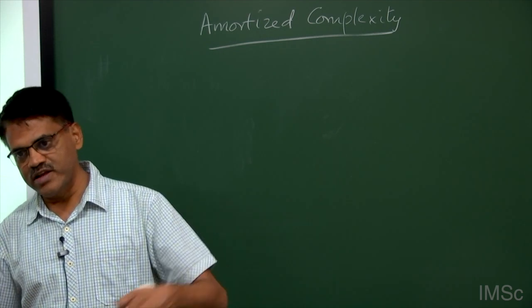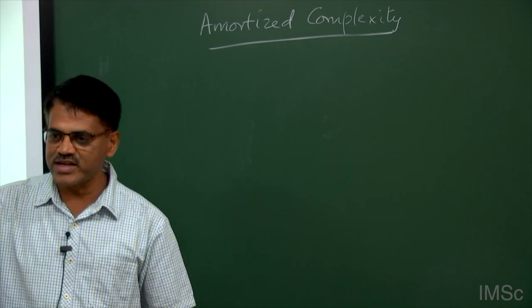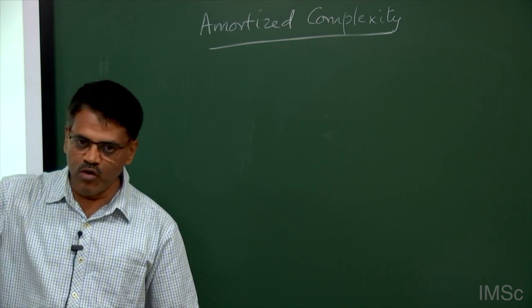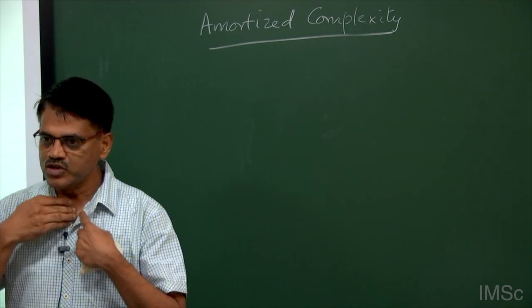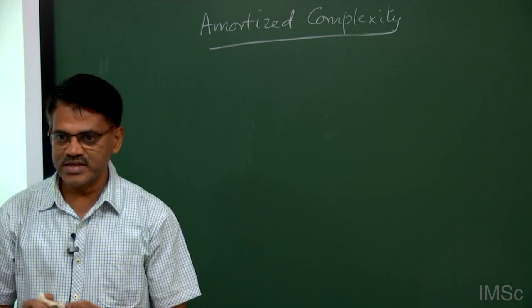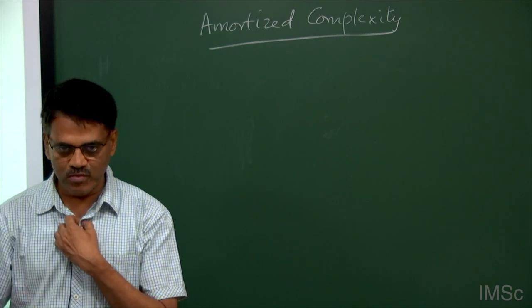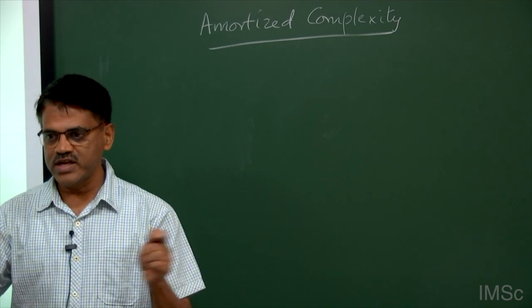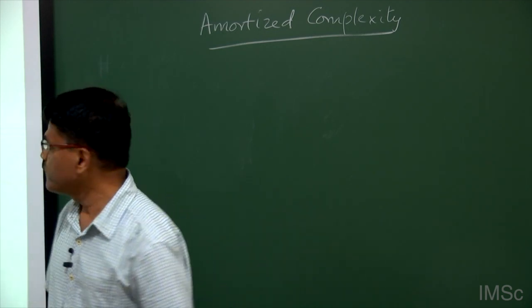For the efficient running time of the algorithm, it doesn't matter if one query takes more time, if my overall sequence of queries take less time, right? So amortized complexity is all about not analyzing the complexity of one operation, but for a long sequence of operations. We do care about worst case, but worst case not for one operation, but worst case for a sequence of operations. Okay?